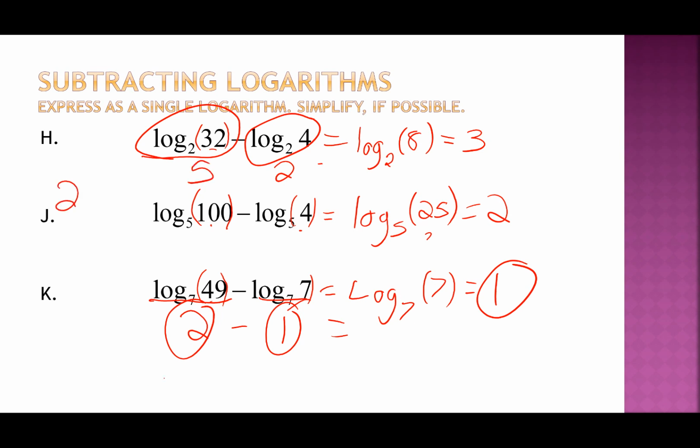Because 2 times 2 is 4. 4 times 2 is 8. 8 times 2 is 16, and 16 times 2 is 32. So you had 2 to the 5th power, right? That's 5 2's multiplied together. So my bad, I said 6, but I meant 5. So this is really 5. This is really 2, and 5 minus 2 is 3. It all makes sense in the end.